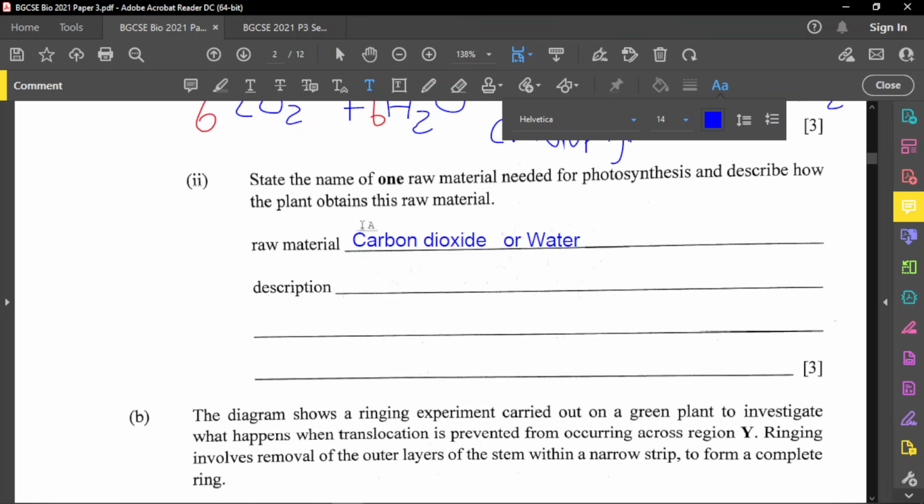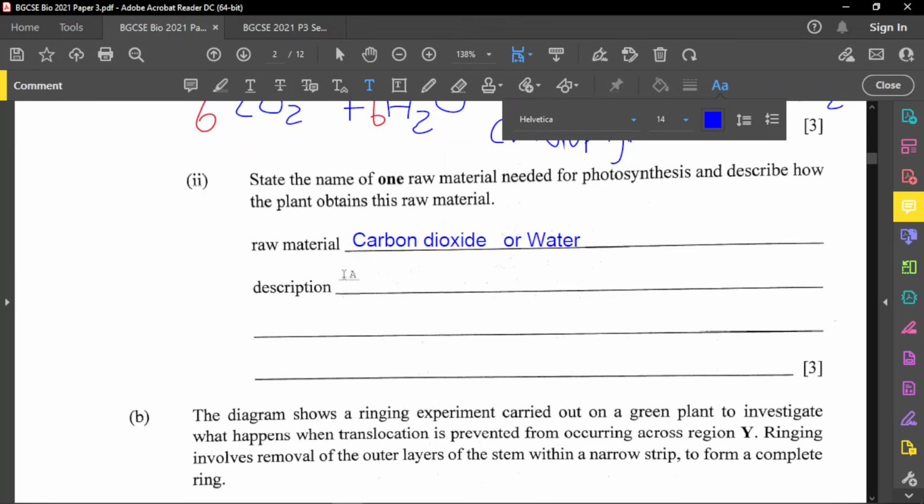Now it asks us to give a description of how the plant will obtain this raw material. So if it is carbon dioxide, CO2, please write the names, and if you wish, you can put the chemical symbol or the formula of the compound within the bracket, but try not to write just the formula.